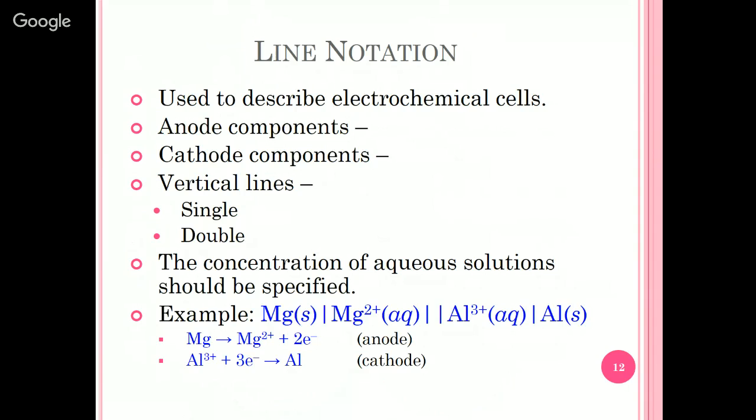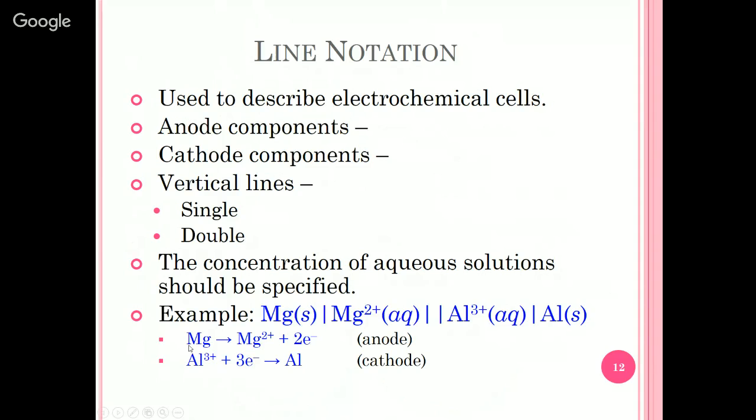So for example, here we have magnesium to magnesium 2+, aluminum 3+ to aluminum. So oxidation of magnesium, reduction of aluminum. This is the anode. This is the cathode, separated by our salt bridge. We have the single line here because we have solid and aqueous. We have a single line here because we have aqueous and solid.